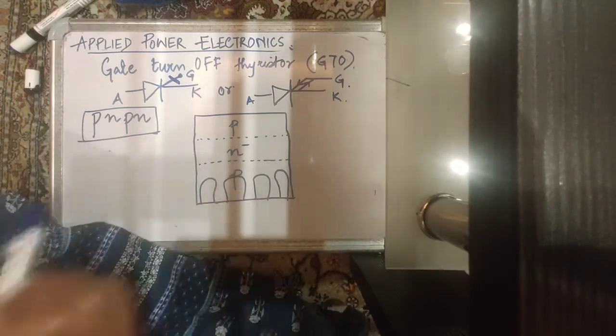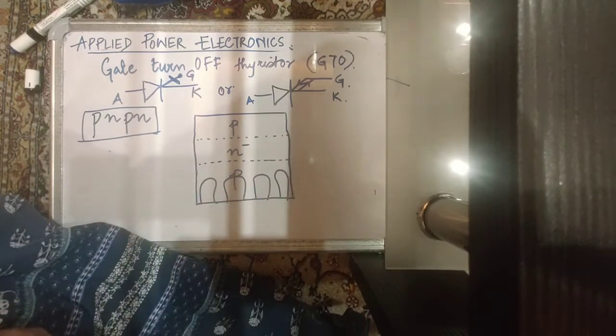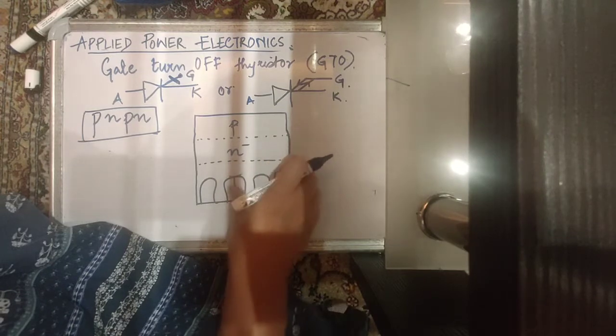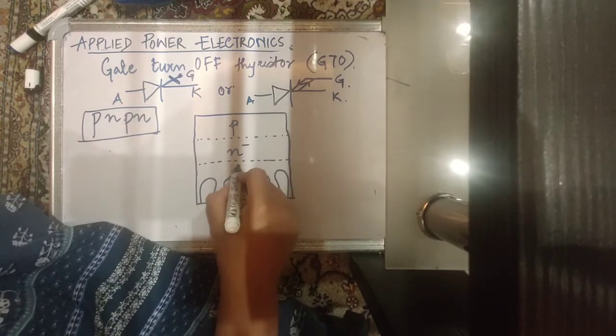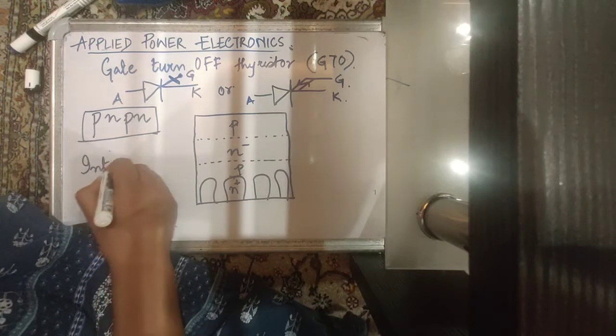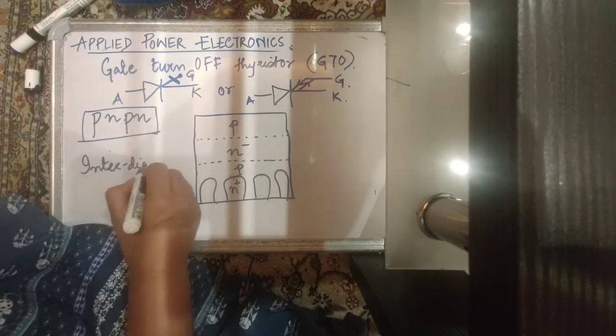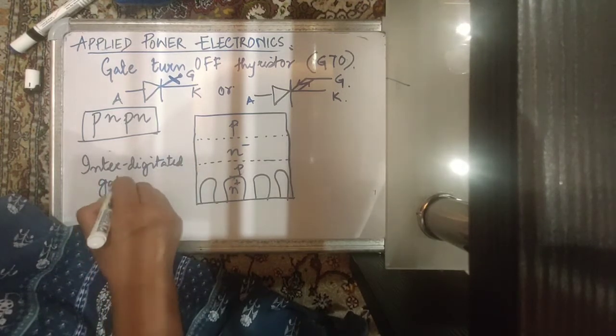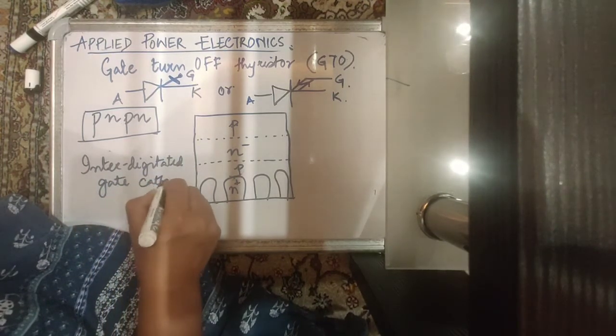This structure is more diffuse than what is done in a conventional thyristor. Such a structure is known as an interdigitated gate cathode structure. So you have a highly interdigitated gate cathode structure.